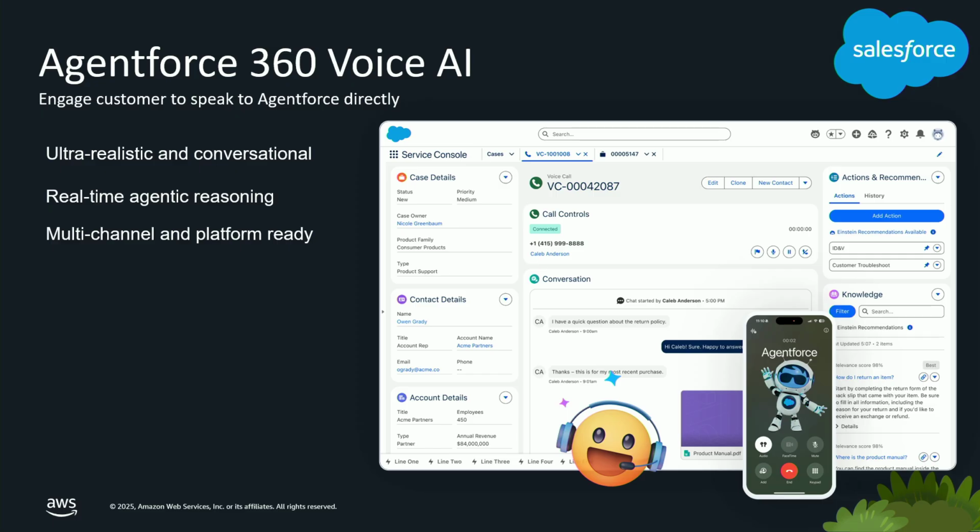Last but not least, Agentforce Voice is multi-channel and multi-platform ready, which means anytime we need a human being to get involved, the entire context and conversation with the agent can be seamlessly transferred to the human being.